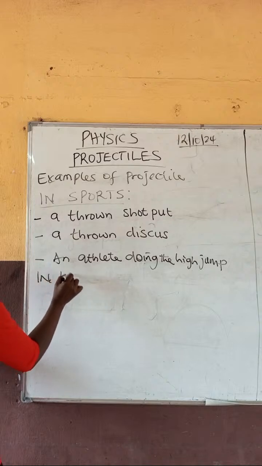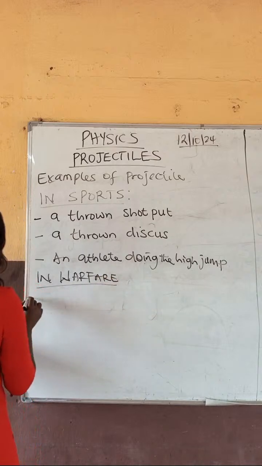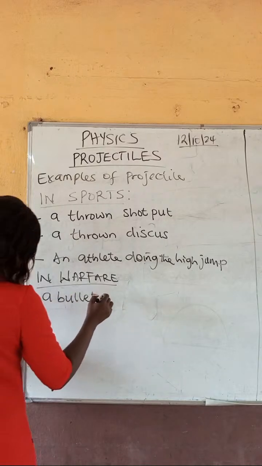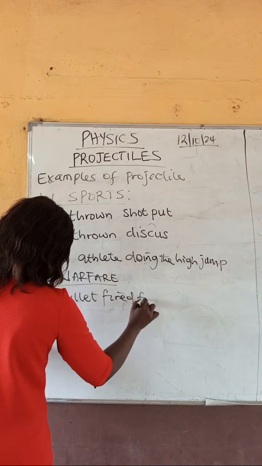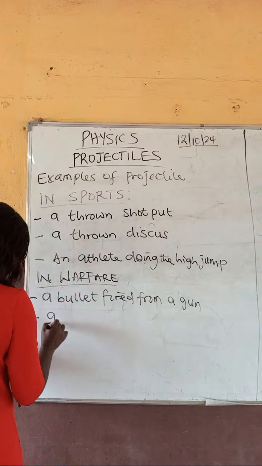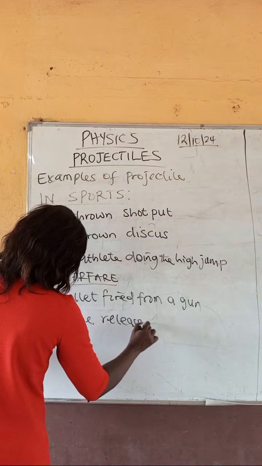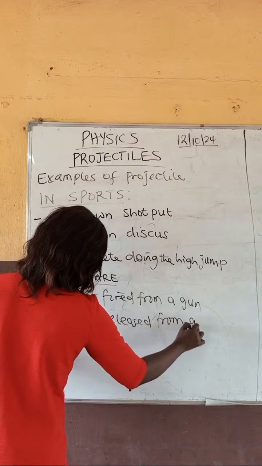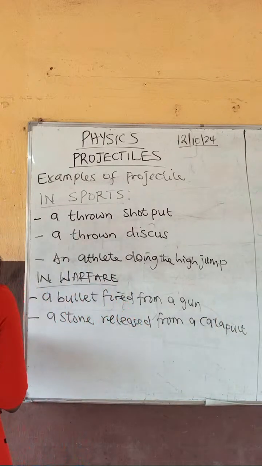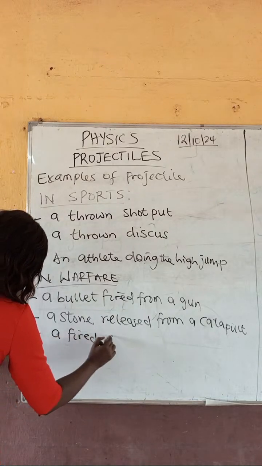Now we can say in warfare, okay, a bullet fired from a gun, a stone released from a catapult, then a fire sphere.